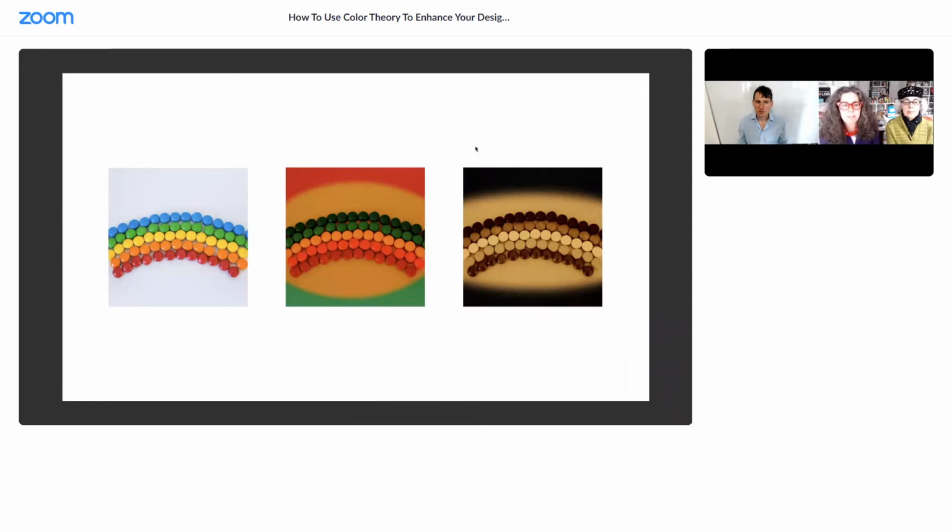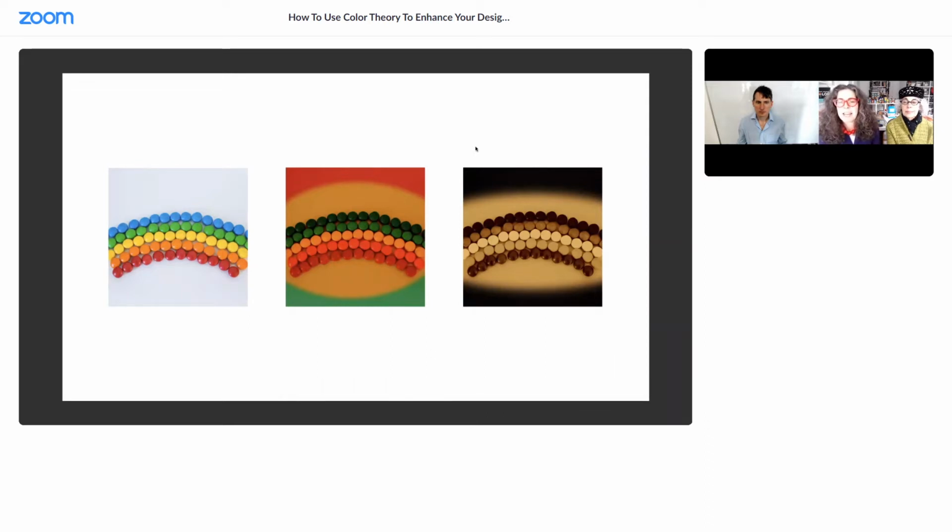On the left, we have M&Ms that are in sunlight. And you can see red, orange, yellow, green, and blue M&Ms. When you get to the middle slide, these M&Ms are only in red and green light.